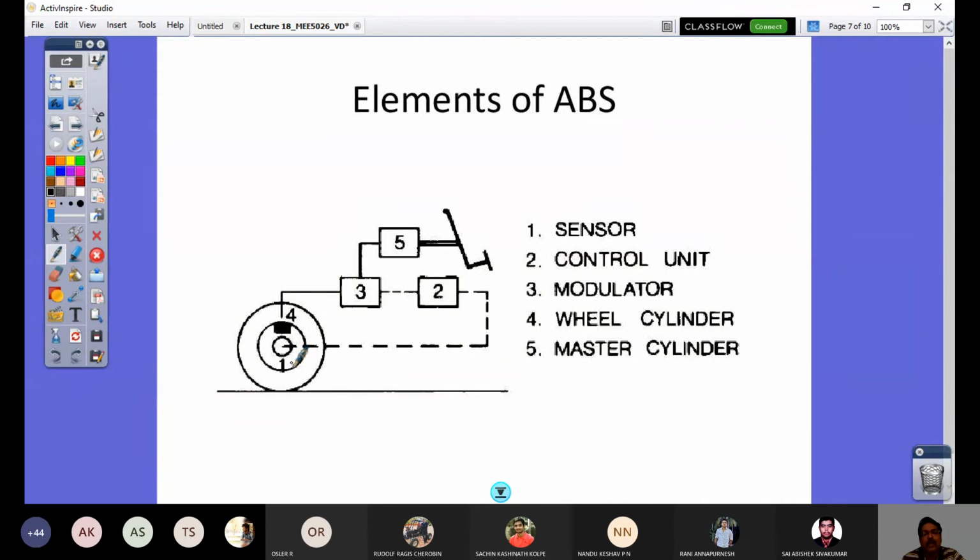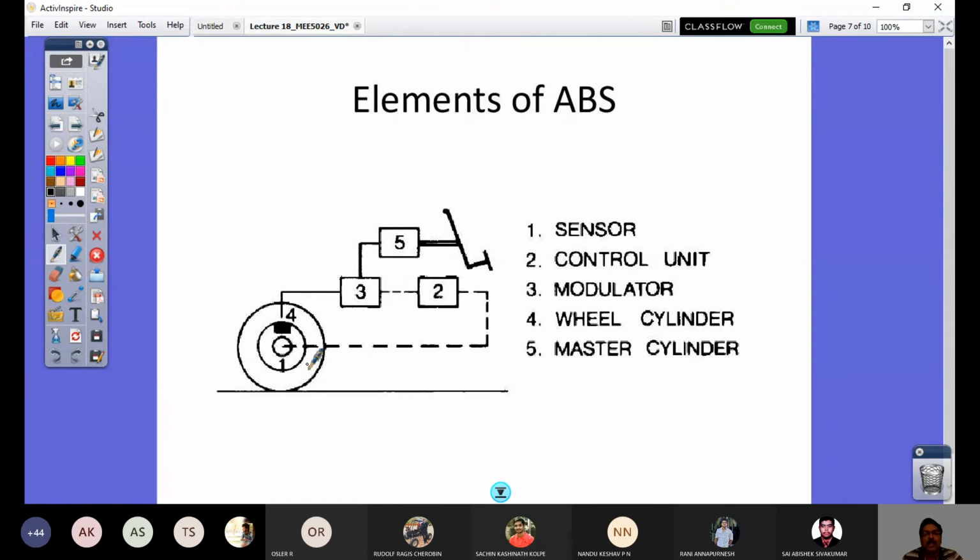So you would have a laser that is going through this tooth wheel rotation, and you will have some pulses per second, say some 50 to 90 pulses per second or 90 to 120 pulses per second.